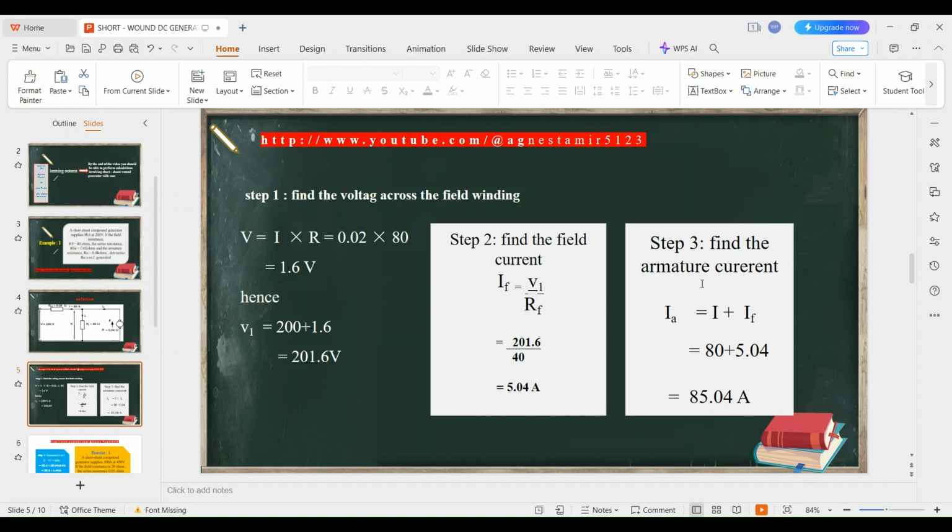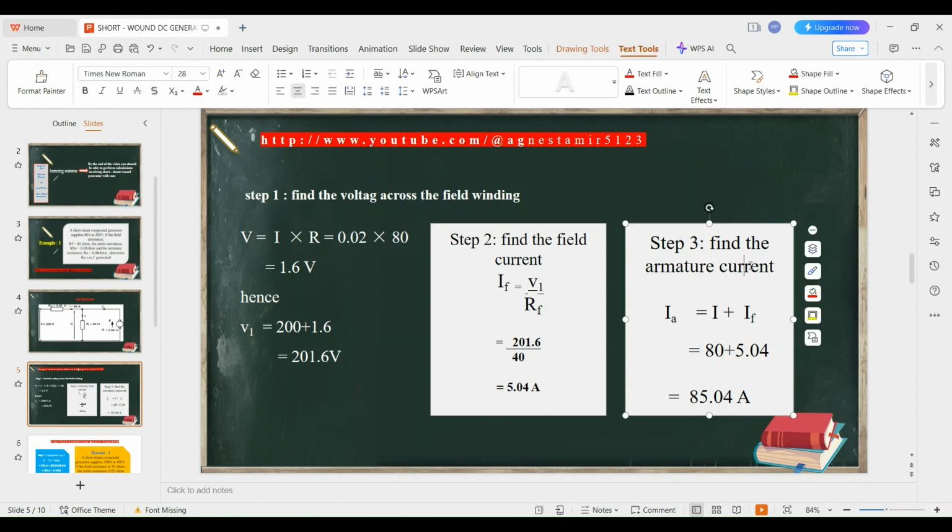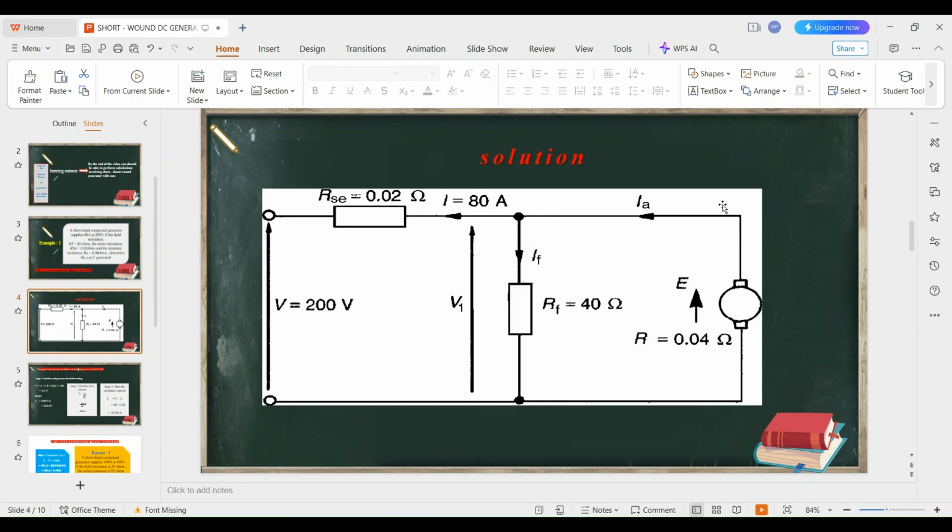Now, step 3. Step 3 says that we shall look for the armature current. There's an error on the slide, sorry for that. Using Kirchhoff's law, let's go back to the diagram.